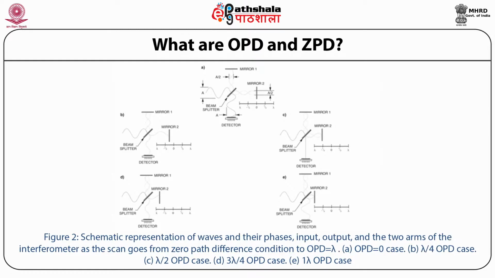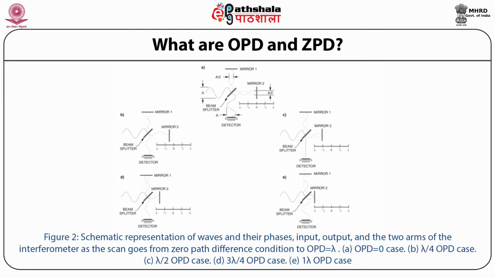In this figure, the beam reflected from the moving mirror travels 2 delta further than the beam reflected from the fixed mirror. The relationship between the optical path difference and the mirror displacement delta is OPD equals 2 delta n.